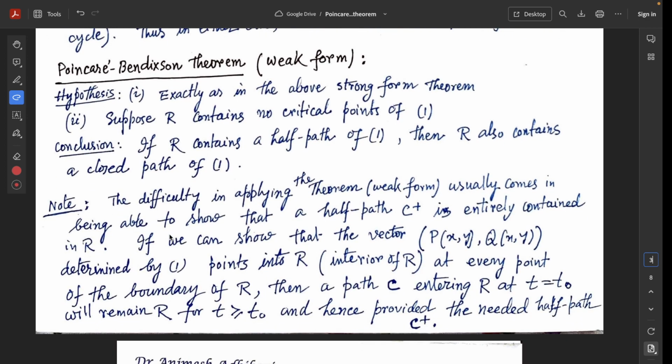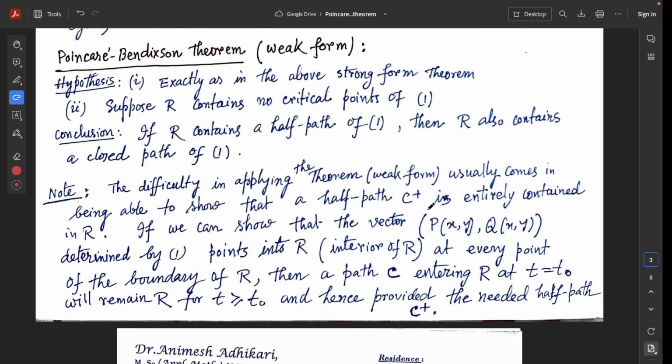Now, note that the difficulty in applying the theorem usually comes in being able to show that the half path C plus is entirely contained in R. If we can show that the vector P(x,y), Q(x,y) determined by the system 1 points into the interior of R at every point of the boundary of R, then the path C entering R at t equal to t0 will remain in R for t greater than t0, and hence provides the needed half path C plus.